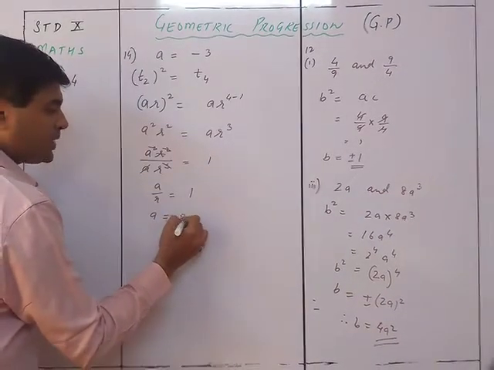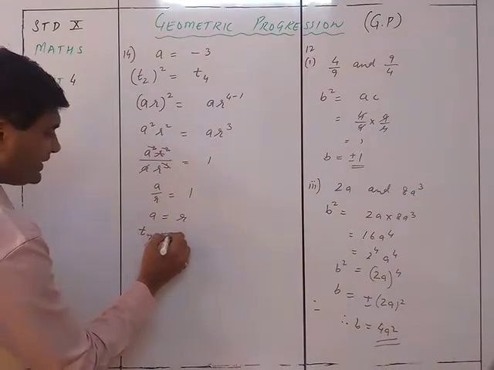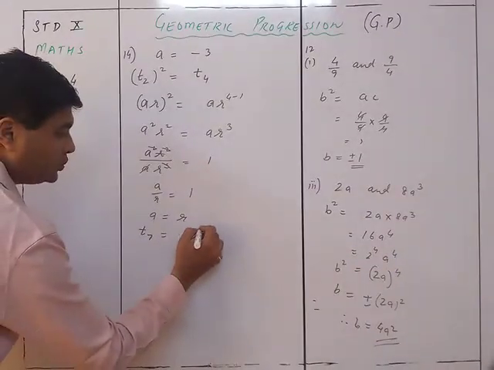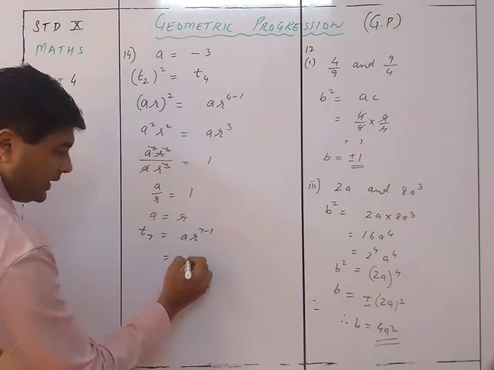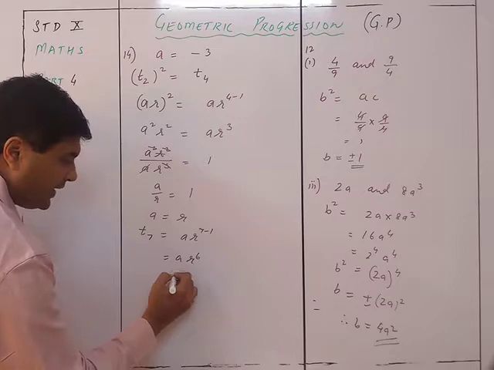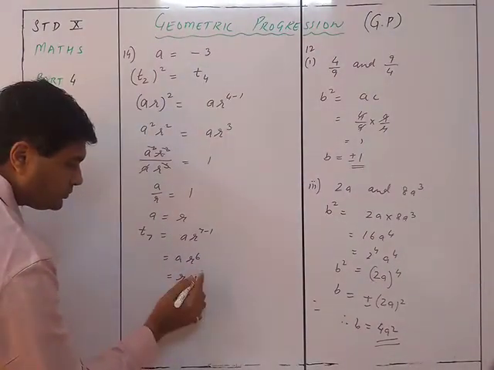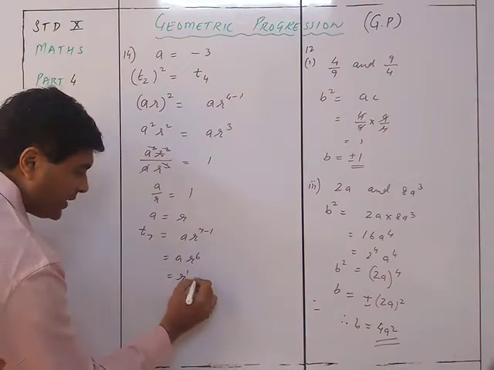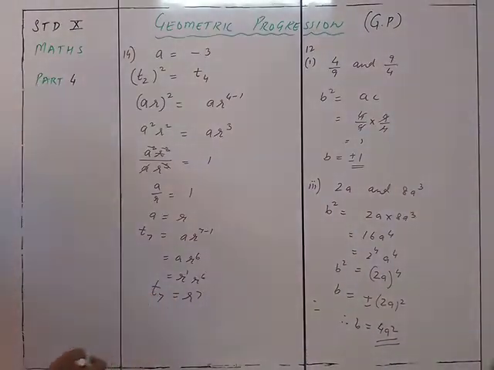So A is equal to R. So now we want to find out T7. T7 is equal to AR raised to 7 minus 1. So it is equal to A into R raised to 6. When A is equal to R, it will be R into R raised to 6, which is R raised to 7. So T7.